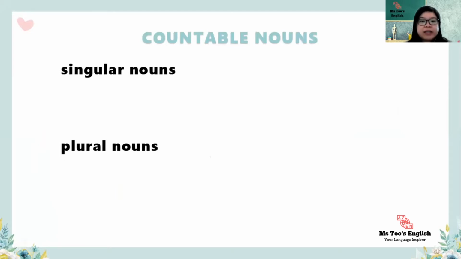A very simple example: learner. A learner is a person, a student, there's only one, so we can use a in front: a learner. If it's a singular noun, we don't add an s or es after the noun. So, a book. Singular nouns are only one.